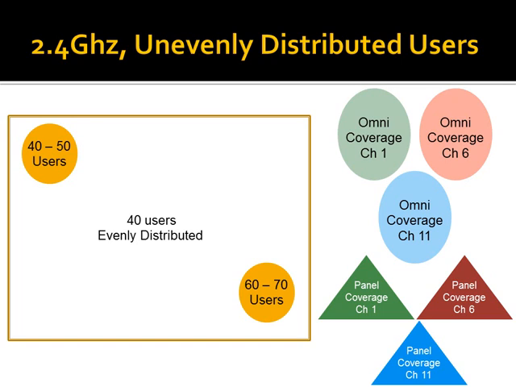There are, at any given time, about 40 users evenly distributed throughout that whole area, just walking around. There are a couple of areas where we have lots of users at lunchtime, and we want to design to that peak load. In one of the areas, we have 40 or 50 users at peak time. At the other area, we have 60 or 70 users at peak time. So the problem is, how do we service all of those users?